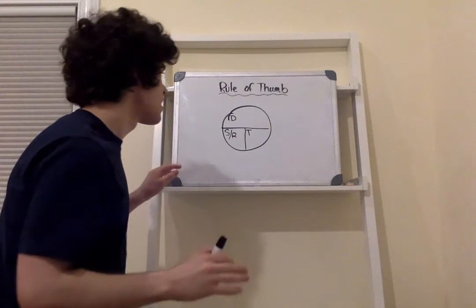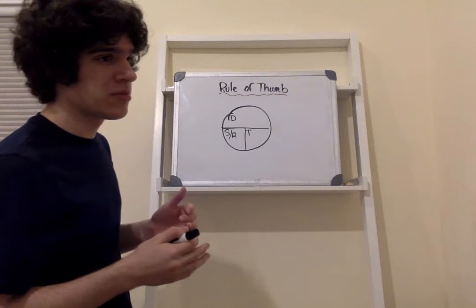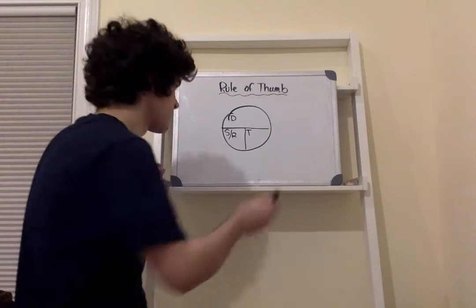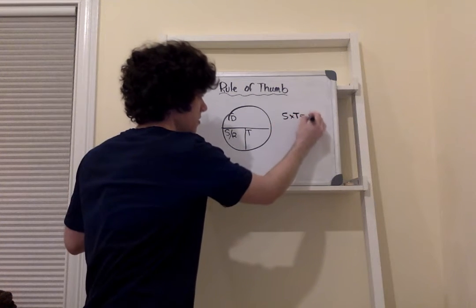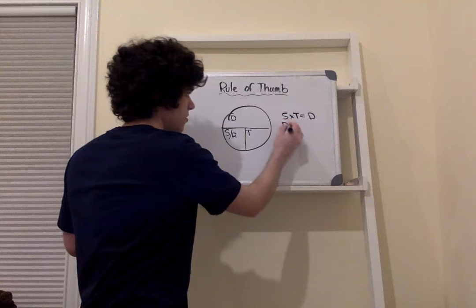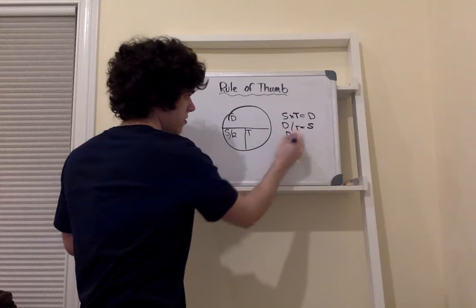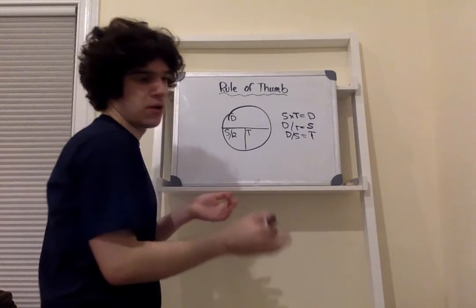So, when we're talking about distance, rate, and time problems, you could just memorize the facts that speed times time is equal to distance, distance divided by time equals speed, and distance divided by speed is equal to time. That's all well and good.